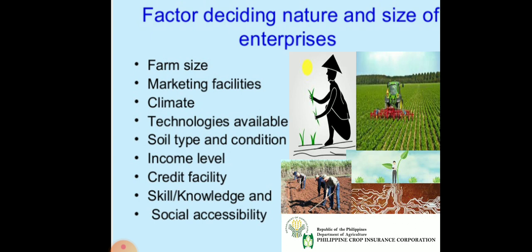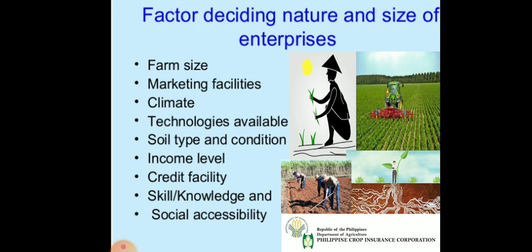The possibility. Okay, pwede ba in the 300 area you integrate pastoral? As long as you maximize the use of your land. And then marketing facilities, you need to establish your stock room, your packing house, etc. You need also to consider the edaphic factor.